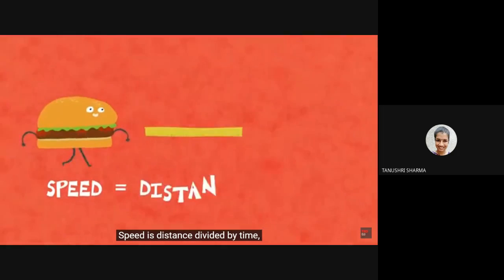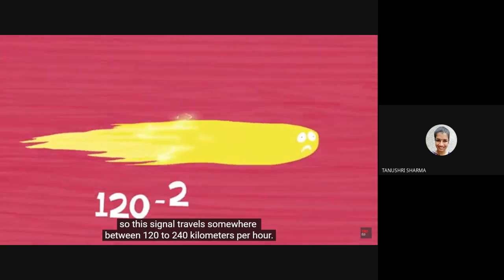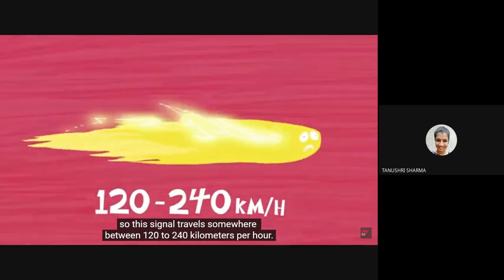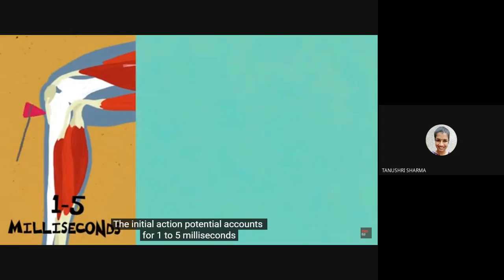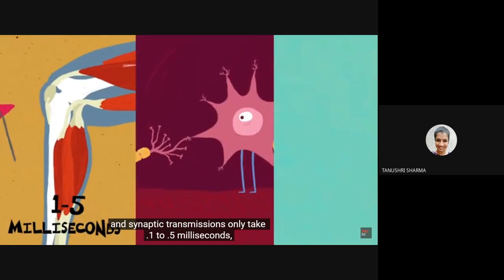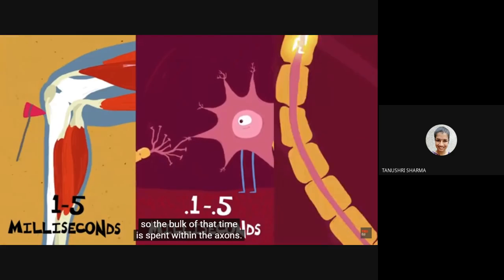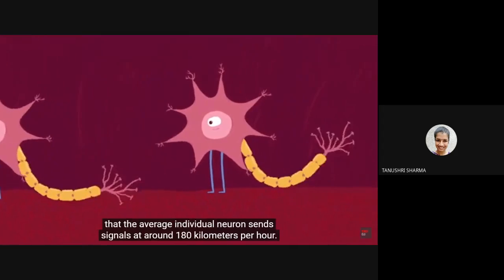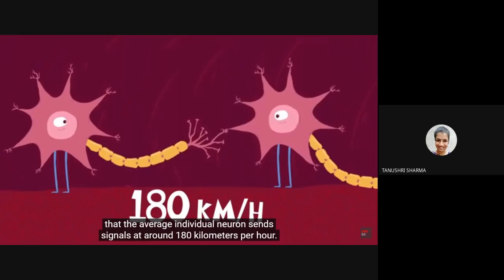Speed is distance divided by time. So this signal travels somewhere between 120 to 240 kilometers per hour. The initial action potential accounts for 1 to 5 milliseconds, and synaptic transmissions only take 0.1 to 0.5 milliseconds. So the bulk of that time is spent within the axons. This is consistent with research findings that the average individual neuron sends signals at around 180 kilometers per hour.